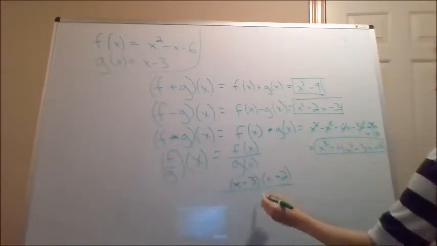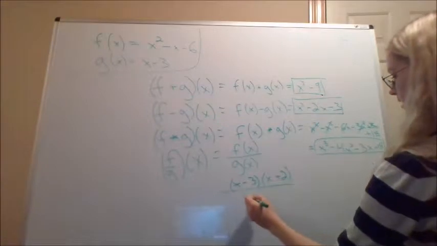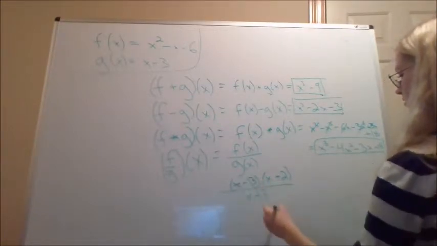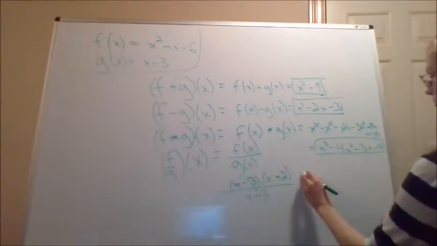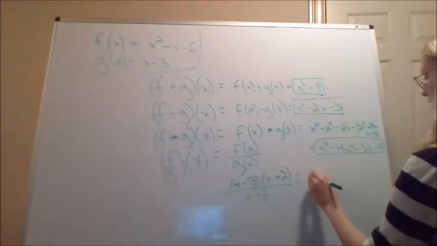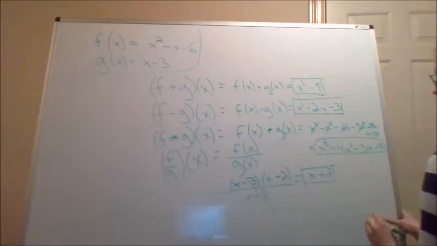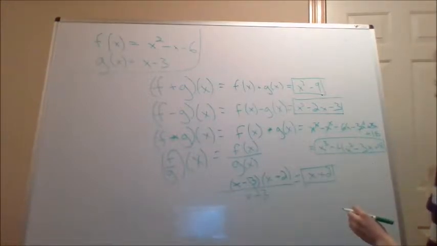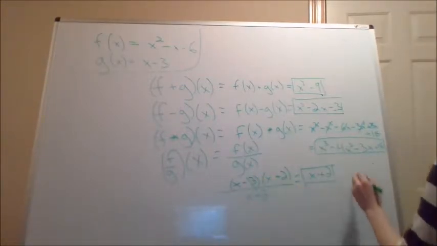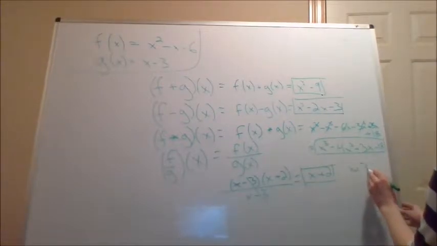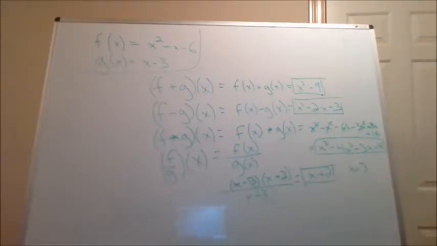And so that's f of x divided by g of x, which is x minus 3. So those two cancel out, and we're left with x plus 2 for f divided by g of x, with the value x equals 3 as undefined.